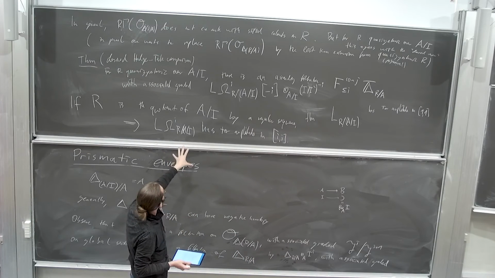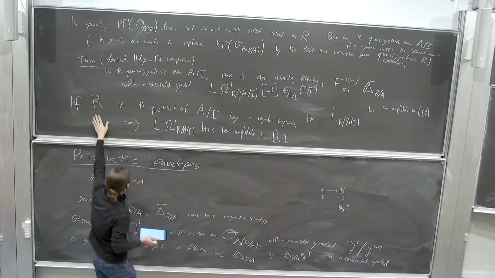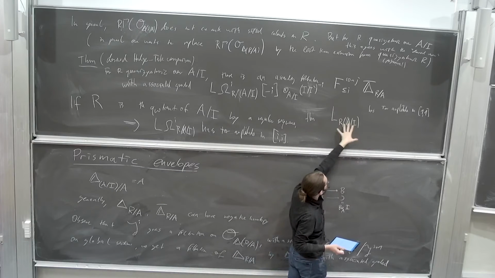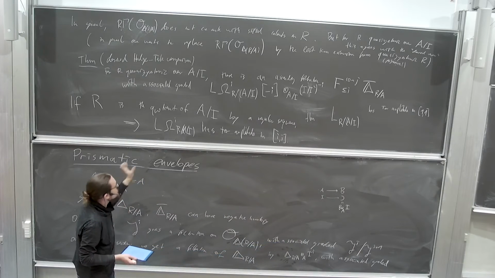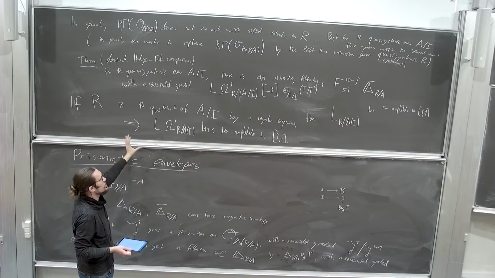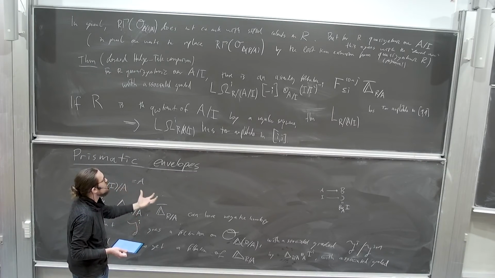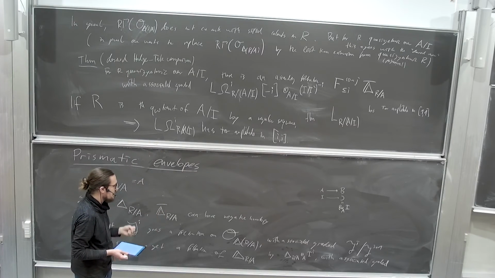The takeaway is that this derived Hodge-Tate comparison tells us that in this situation, or more generally, if we have cotangent complex concentrated in degree 1, then we should expect prismatic cohomology to be discrete, right? We should expect this to just be some explicit thing in degree 0. That's good news, because it's hard to write down objects from homotopy theory, but there should be some explicit description of whatever this prism of R relative to A is in that case.